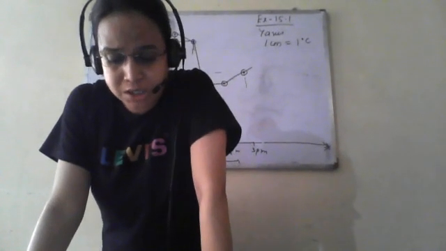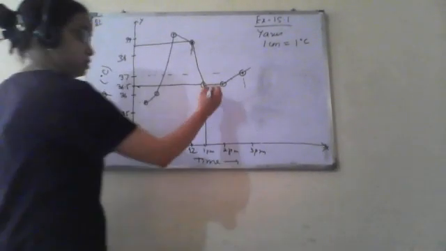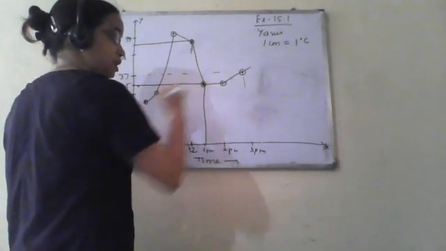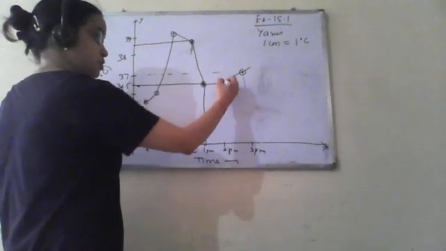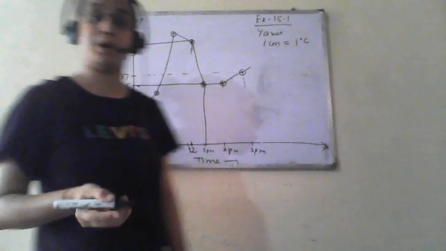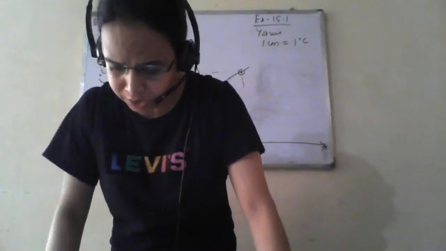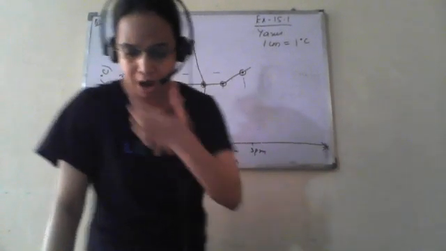The third part is, the patient's temperature was the same 2 times during that period. What were these 2 times? Here it is the same, here it is the same. So it was 1 p.m. and 2 p.m. At 1 p.m. and 2 p.m. the patient's temperature was the same. What was the temperature at 1:30 p.m.? How did you arrive at this answer?